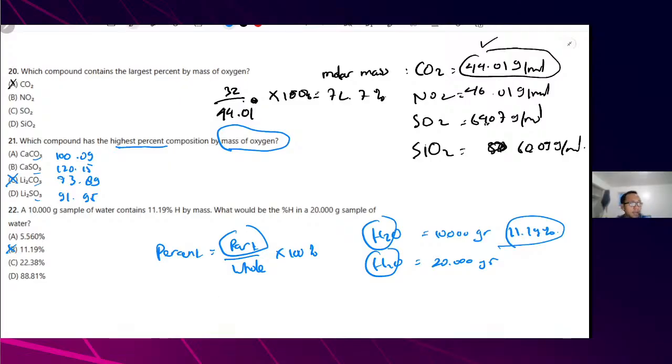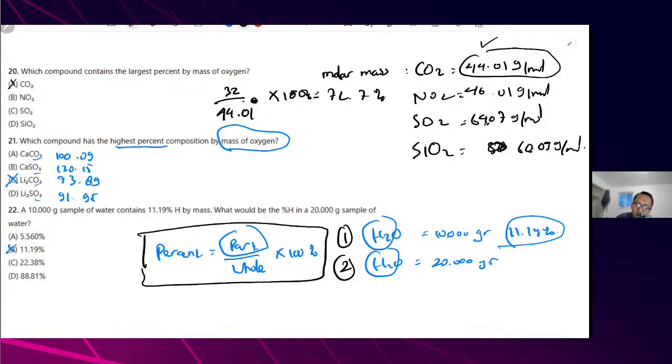No matter the amount. Just remember, because the ratio between the first and the second is the same, which means both have 2 hydrogen, the ratio is still the same, so there is no change for percent. There is no change for percent composition, so it still remains 11.19.